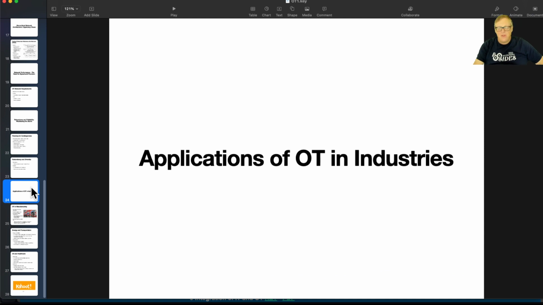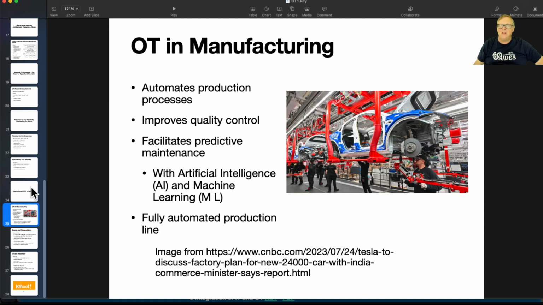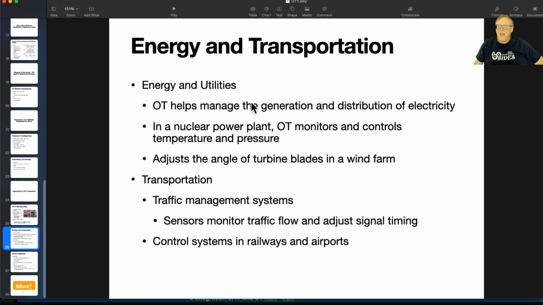All right, and so these things are applied in all sorts of industries, like manufacturing. If you automate it, then it's more likely to be easy to control the quality and predict when things will fail. And you can have fully automated production lines like Tesla does. And in energy, you control the distribution of electricity, nuclear power plants, wind farms.